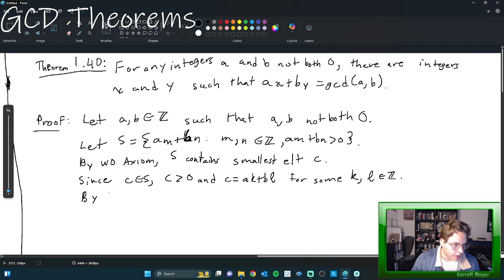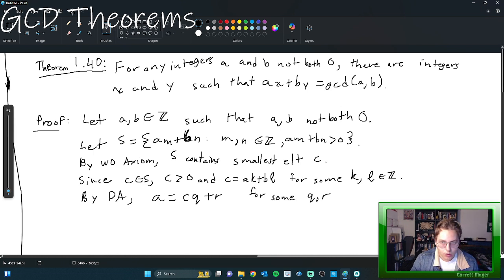So by the division algorithm, A equals CQ plus R, where 0 is less than or equal to R, I messed up, R is less than C. Sorry, I hope you can read my handwriting. I'm just filling stuff in to make sure that it looks right at least.